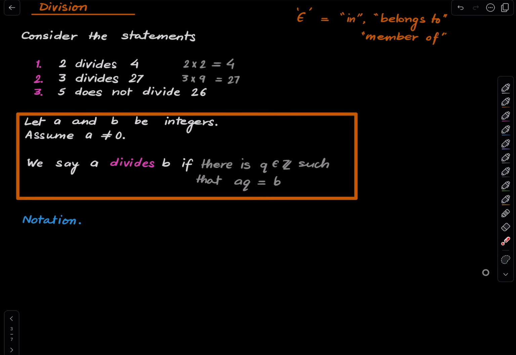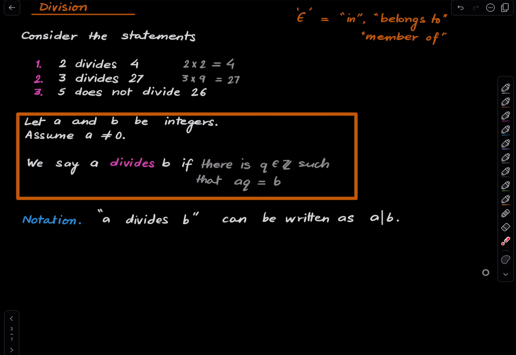Alright, so that's the definition of division, but we will use a very convenient notation. When a divides b, this statement can be written as: you write a, make a vertical bar, write b.